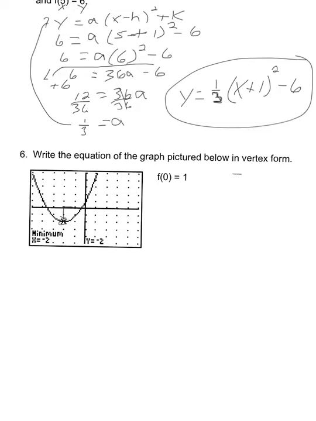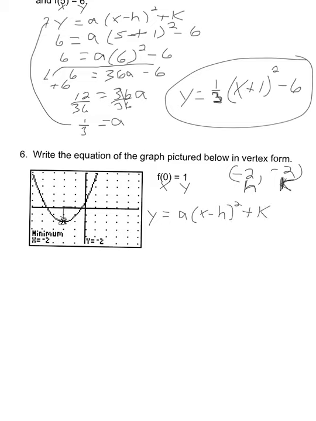So it'd be negative 2, comma, negative 2, h, k, x, y. Vertex formula is y equals a parentheses x minus h squared plus k.